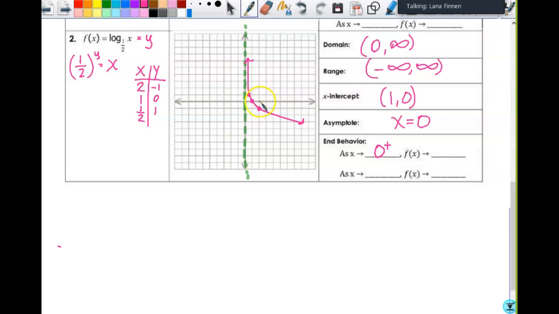So as x approaches 0 from the right, y is approaching infinity. And then moving to the right, x is approaching infinity, y is approaching -infinity. Okay. Any questions at all?